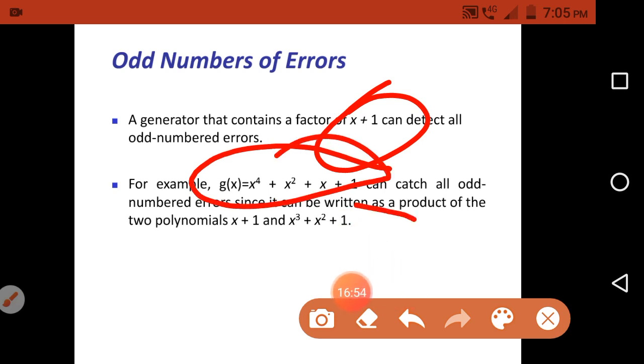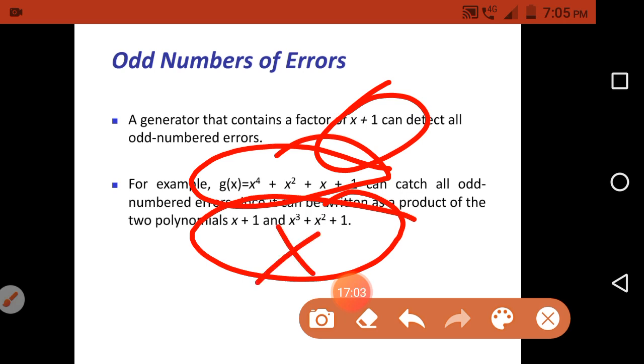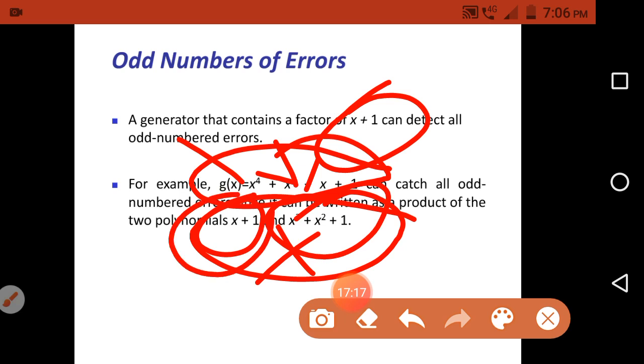If you divide that generator, you will get the factors x plus 1 and x raised to 3 plus x raised to 2 plus 1. If you multiply these two, you will get the original form of the generator. So whenever the generator contains the x plus 1 factor, it can detect the odd number of errors.